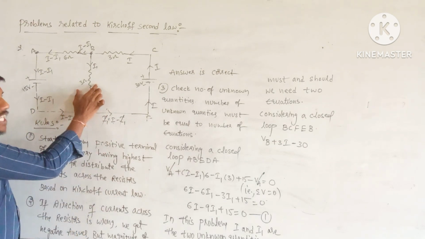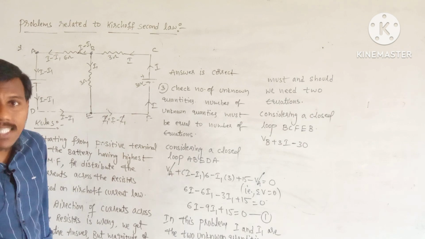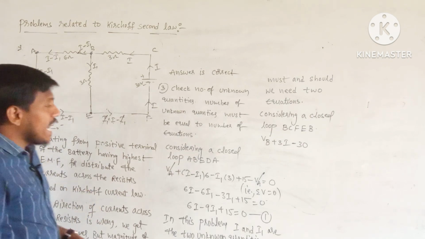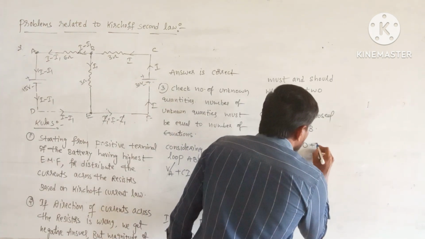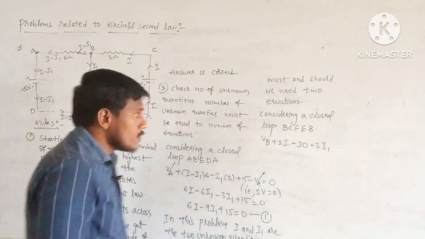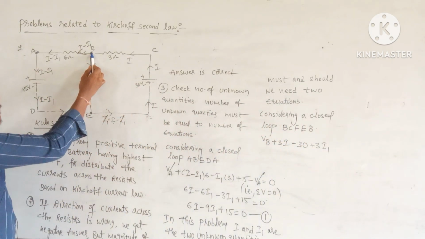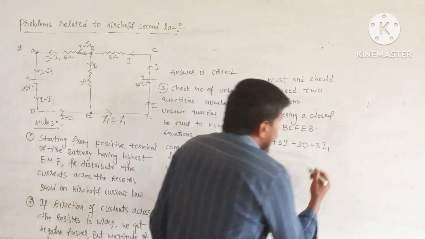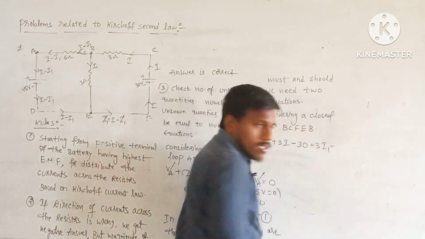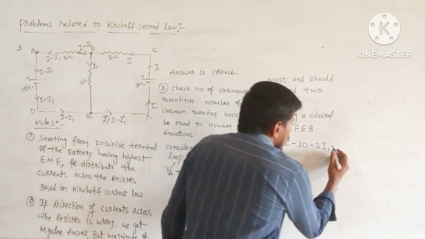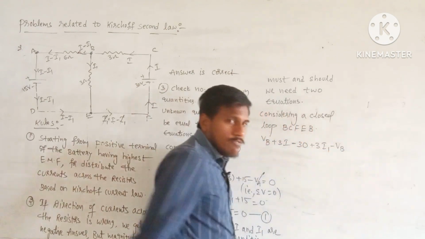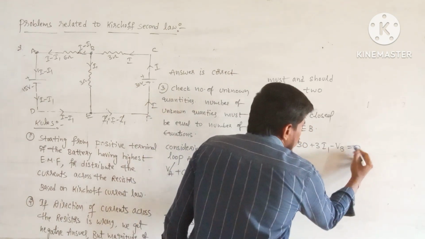So the potential difference across the 3 ohm resistor can be taken as positive. So I am writing plus 3I1. Finally I am reaching point B, so I am writing minus VB.